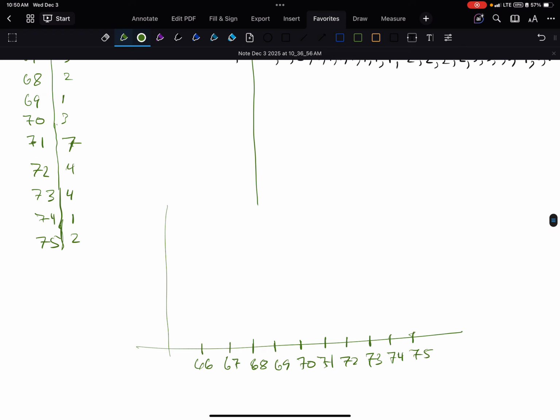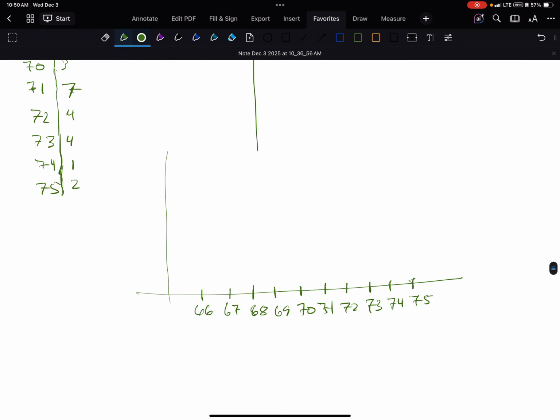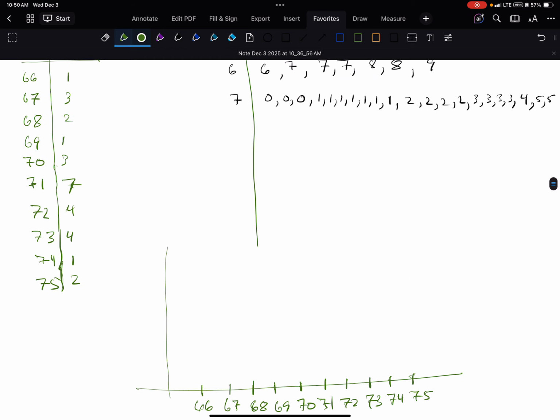All right. And so that's the range of my data, or the range over which my data exists. And then on this y-axis, I'm going to go 1 through 7 or 8. So 1, 2, 3, 4, 5, 6, 7, 8, 9, 10.